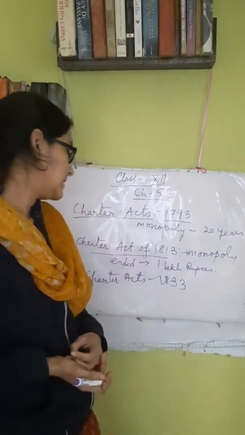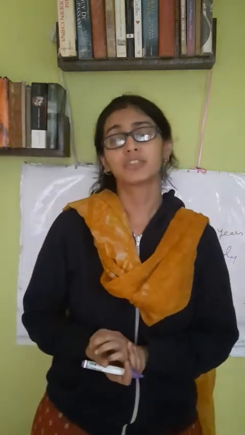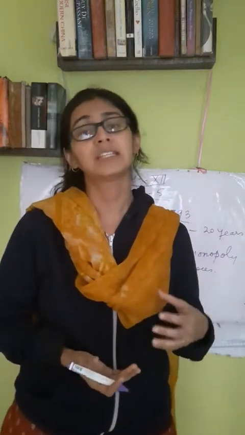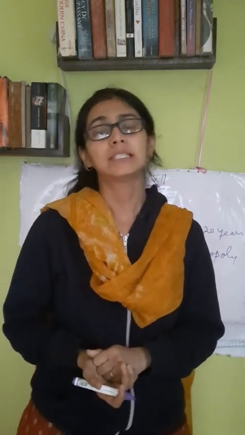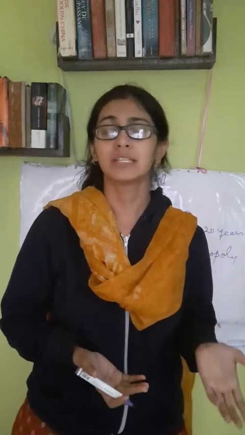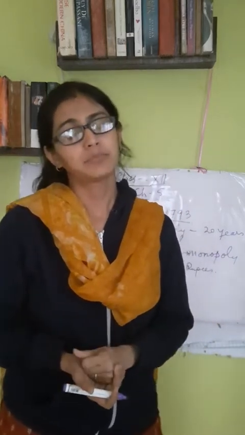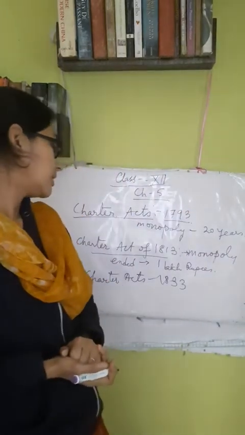And also we see that a Minister for Indian Affairs was appointed from this time, who would be present in the British Parliament on behalf of India. So this was another important factor.